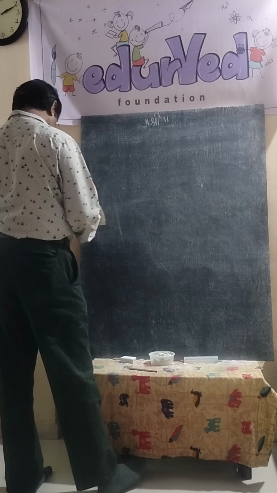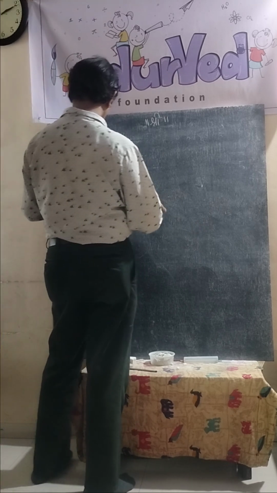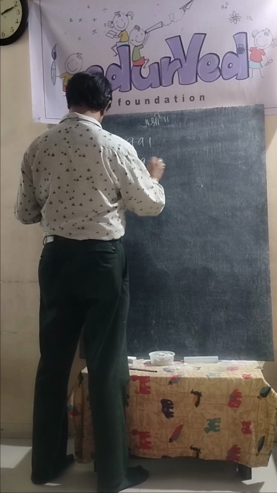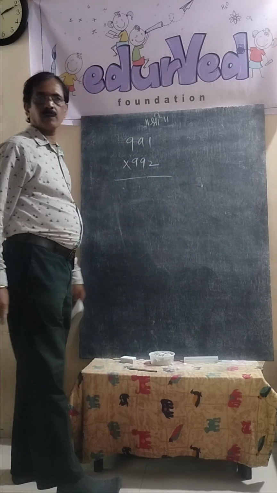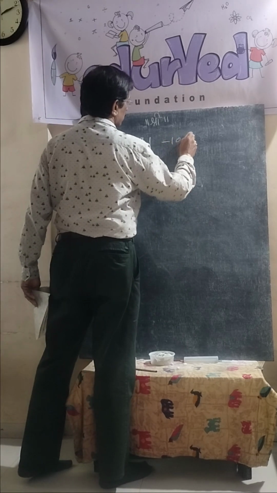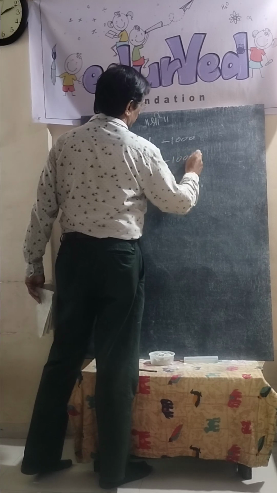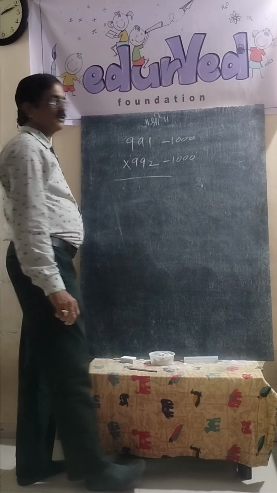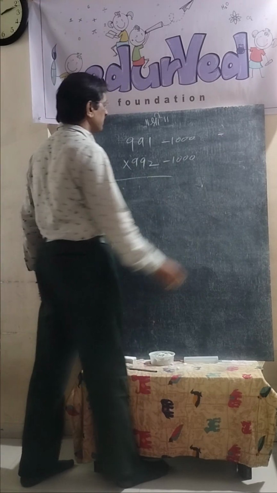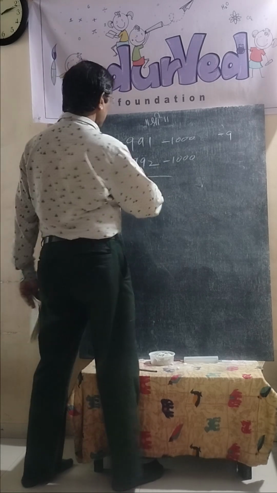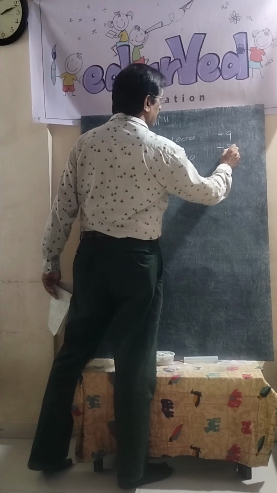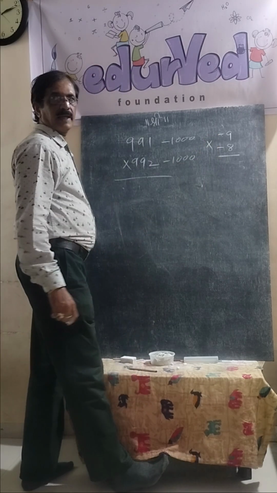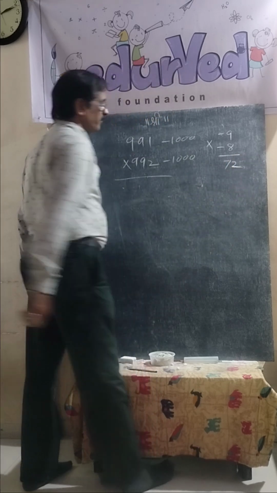We saw the 56th. Now let's see another one. 991 into 992. This is closer to 1000. So you write minus 1000 over here and minus 1000 over here. So 991 minus 1000 will be minus 9, and 992 minus 1000 will be minus 8. Multiplication of 9 and 8 is 72.